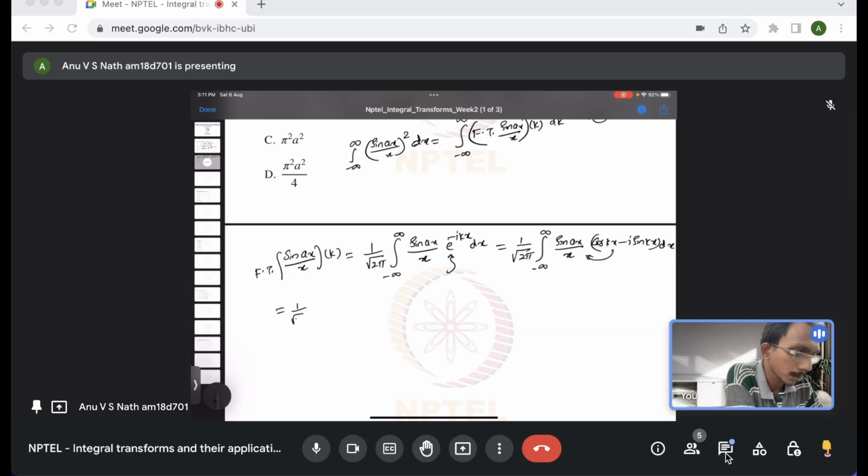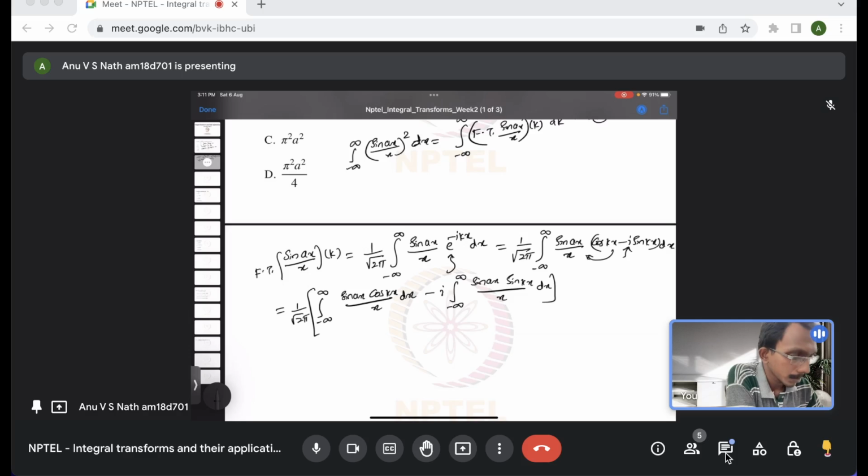It's like 1 by square root 2 pi, integral minus infinity to plus infinity sin ax into cos kx by x dx, then minus i times, this i we are taking outside because it's a constant, integral minus infinity to plus infinity sin ax into sin kx by x dx.